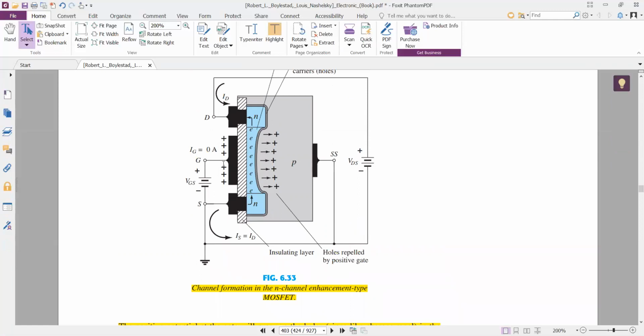So as the value of VGS is increased more and more, electrons are accumulated near this silicon dioxide insulating layer, and more holes are pushed deep into the P substrate material.